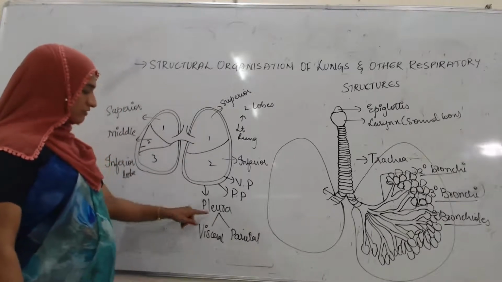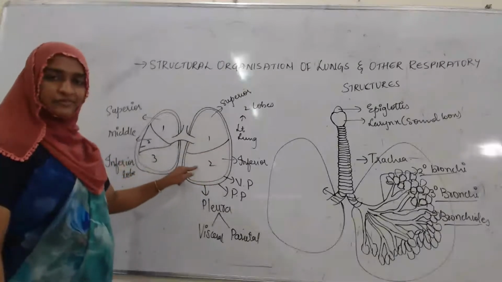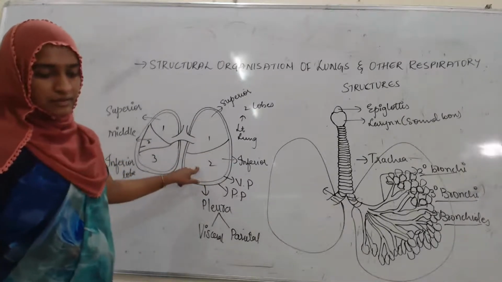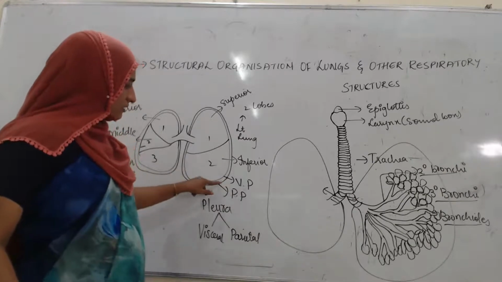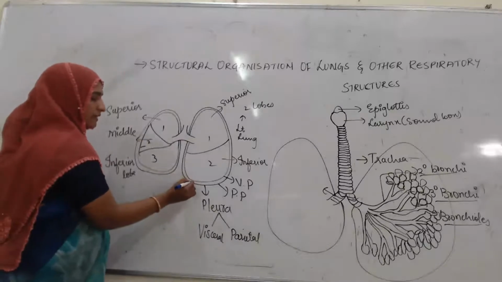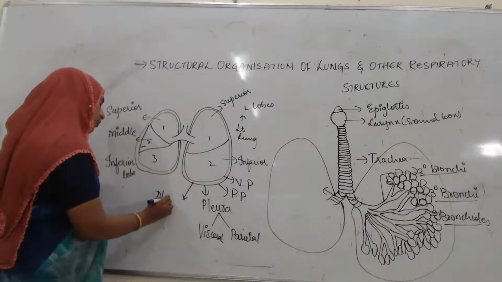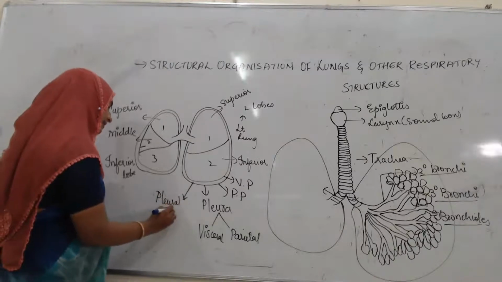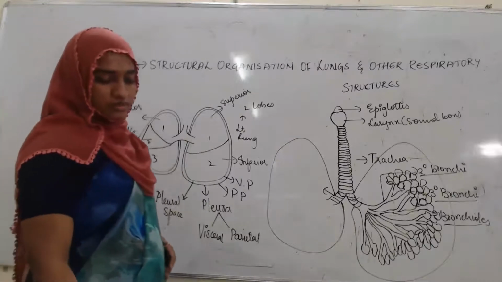This visceral pleura lies towards the inner surface of the lungs. Between these two pleura there is the presence of one space, and that space is known as the pleural space. What is it known as? It is known as the pleural space.